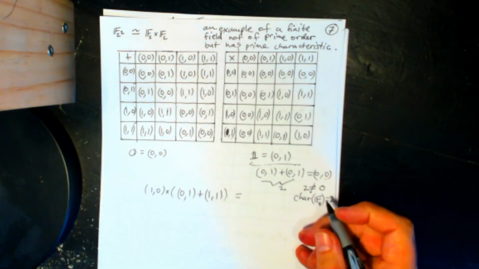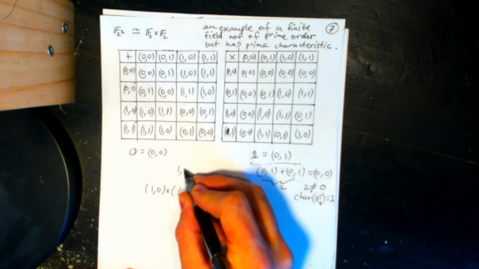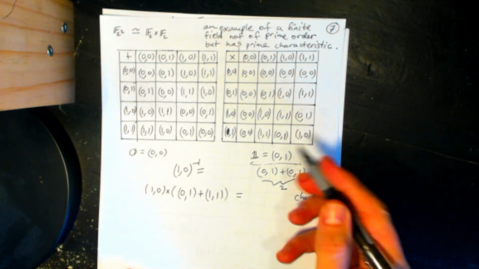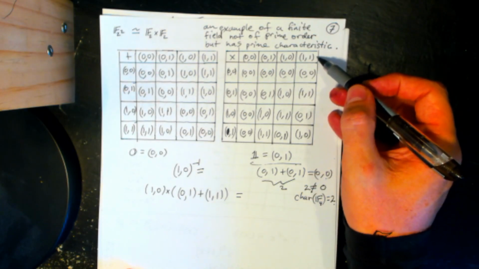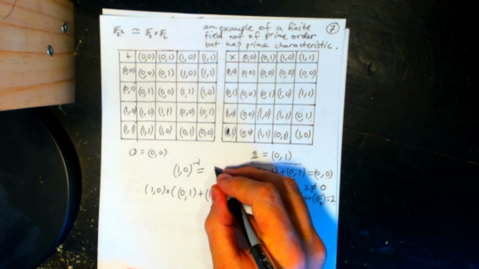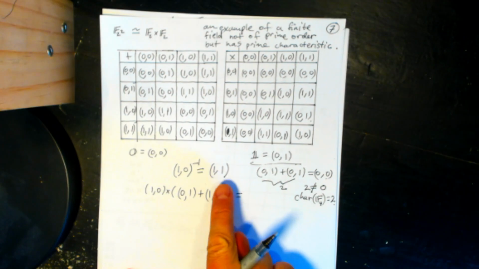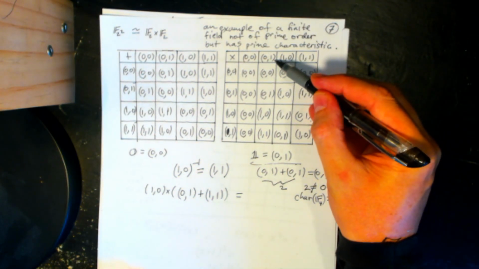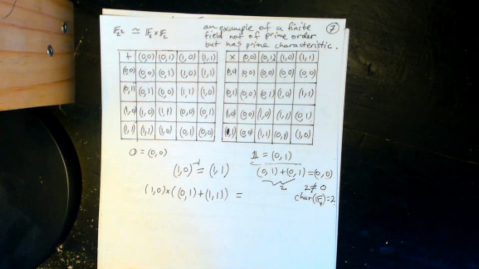So let's just note that 1, 0 inverse multiplicatively is the element that we multiply by in order to give us the identity element. So this is 1, 1 here, because the product of 1, 0 and 1, 1 is the identity element multiplicatively, which is this one right here.